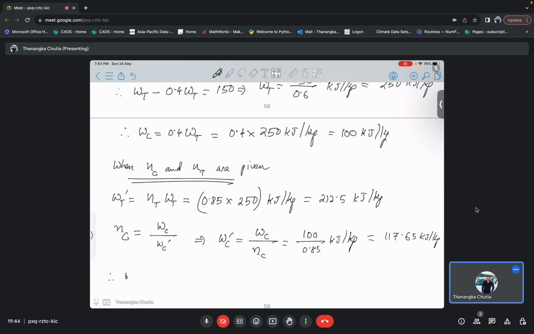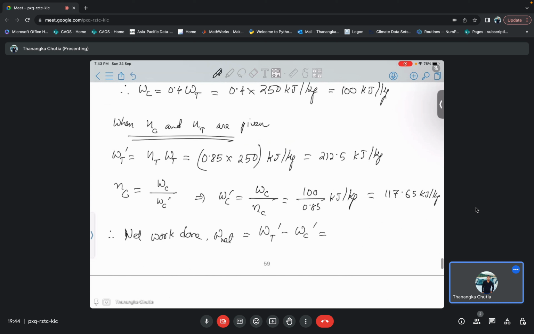So therefore net work done is WT prime minus WC prime, which is 94.85 kilojoule per kg.